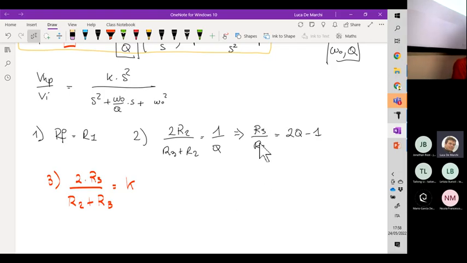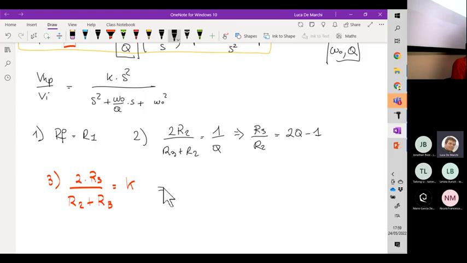If you plug this relationship in here, you can divide numerator and denominator by R2, and then you get 2 times R3 over R2 divided by 1 plus R3 over R2, and then you can substitute this term.